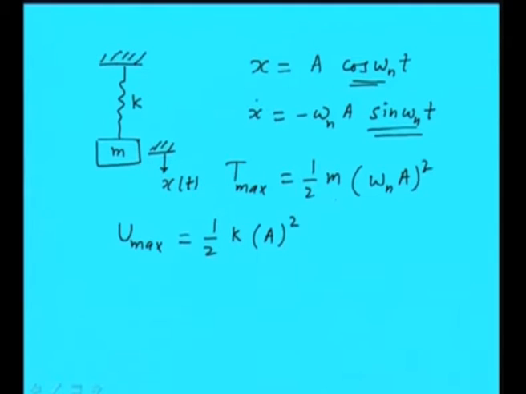We can equate them, and if we equate them, we will get omega n square is equal to k by m, which is this very familiar equation, because this is the natural frequency of the system. So, you can see how by equating these two maximum quantities, we can get the natural frequency directly.